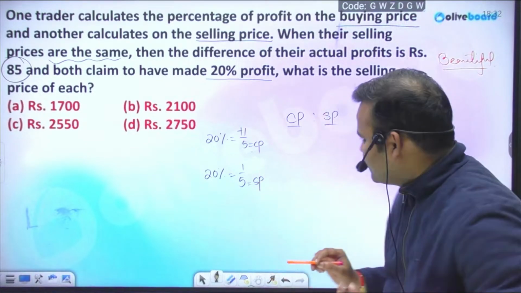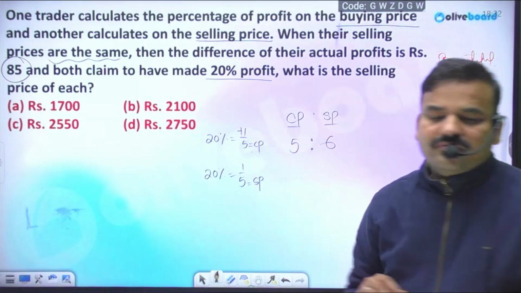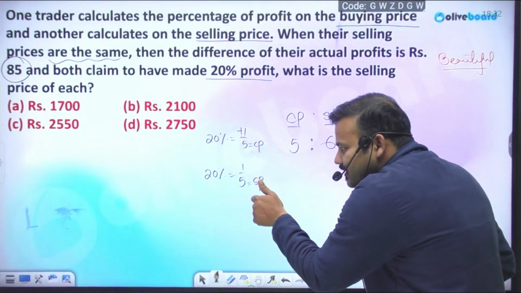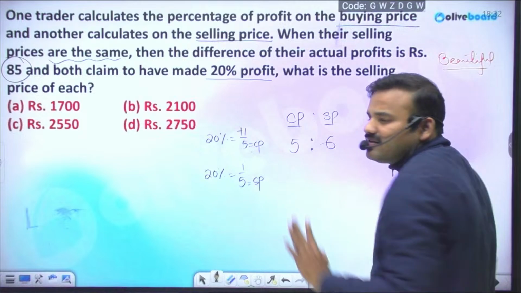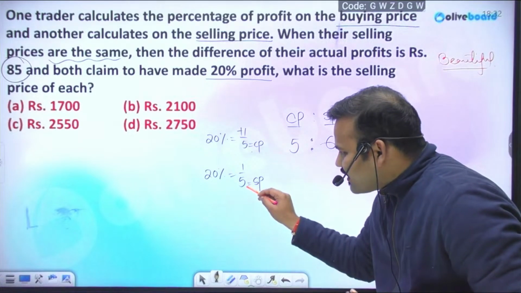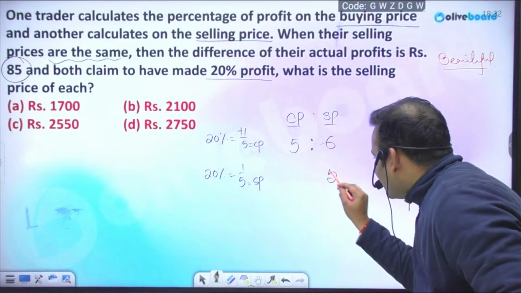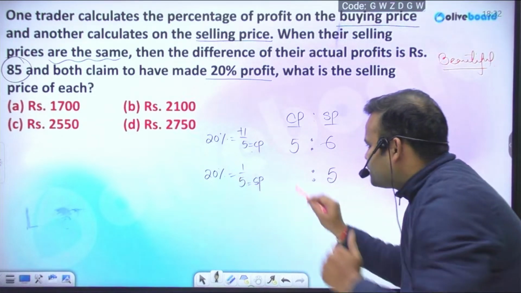That means the article of 5 is being sold at 6 units, and for this 5 he is doing it wrong. The concept of profit percent says that profit or loss percent should be calculated on CP, but he has calculated it on SP. So that means he is selling this article at 5 and he is making a profit of 1 unit. That means the cost price would have been 4.